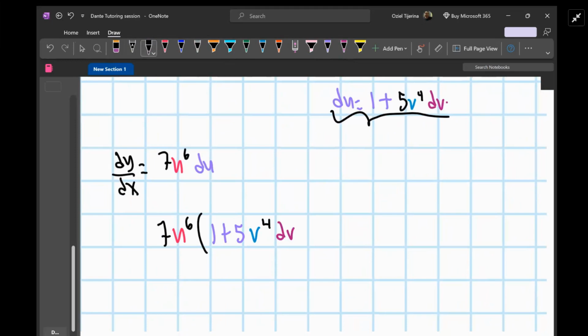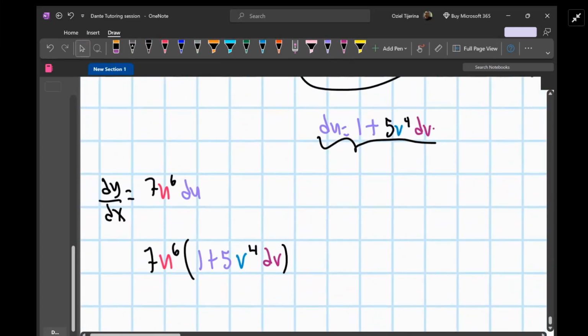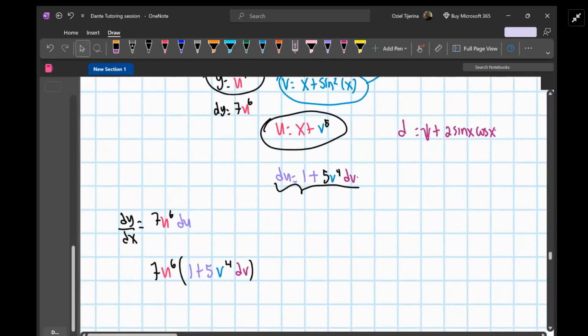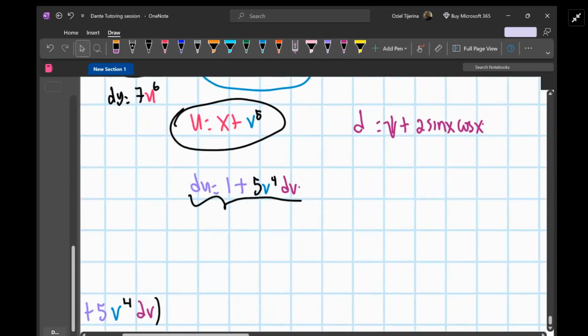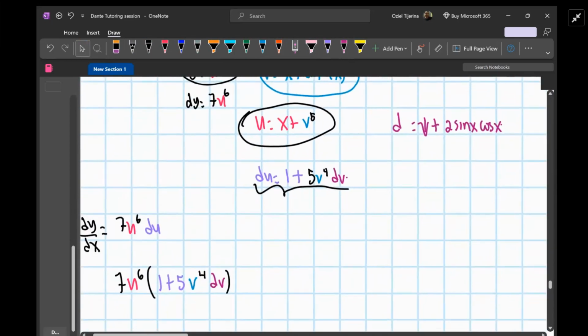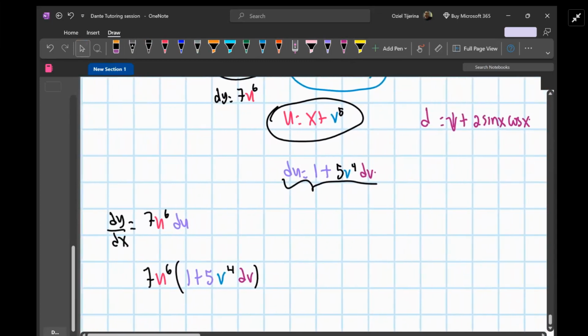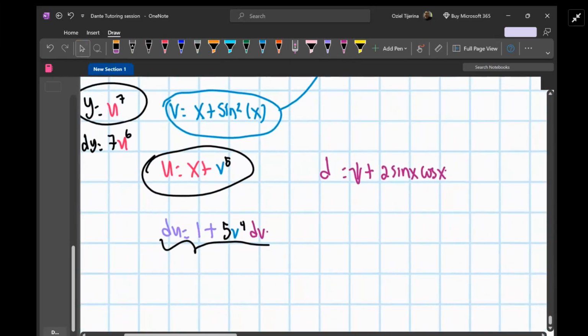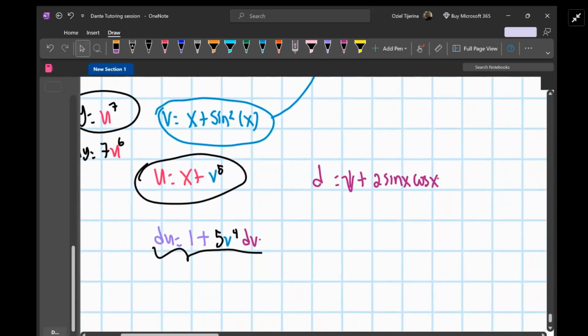And then we know that we need to do times the derivative of v.